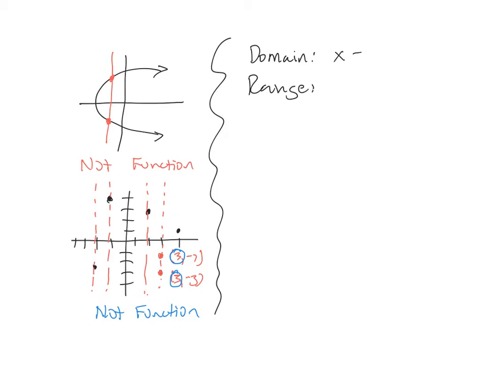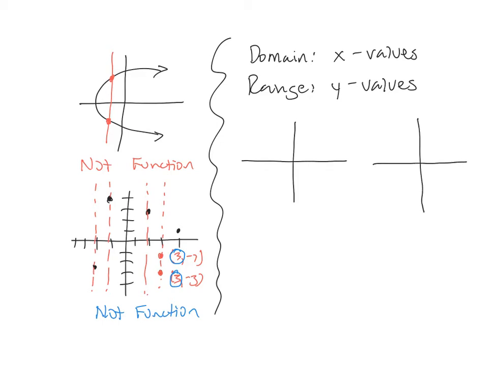So domain are the x values, and the range are the y values. So it's going to be on a graph, and it's done 2 different ways depending on what the graph looks like. So let's look at 2 different graphs.